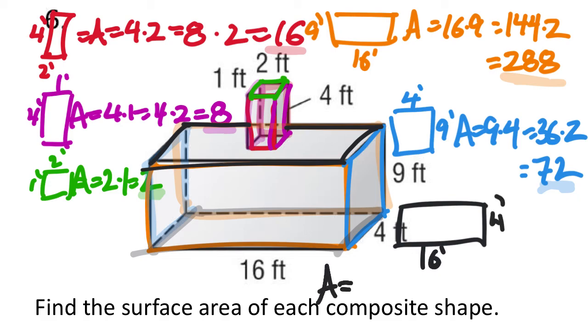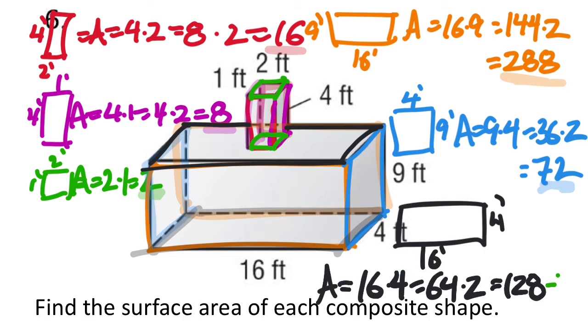So its area is 16 times 4, which is 64. But 2 of those makes 128 square feet. But again, we need to subtract this green rectangle right here, which is 2. So 128 minus 2 is 126.